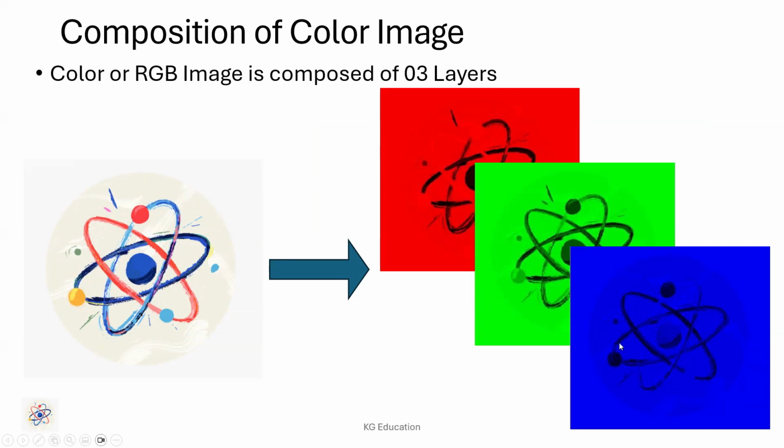All these three come together and stack as layers on top of each other to create the entire color image. So today, our task is to identify the relationship and contributions of each of these layers and convert the color image into a grayscale image.